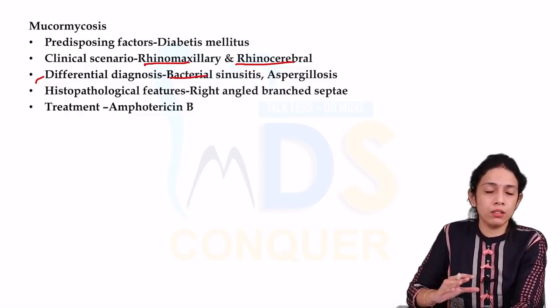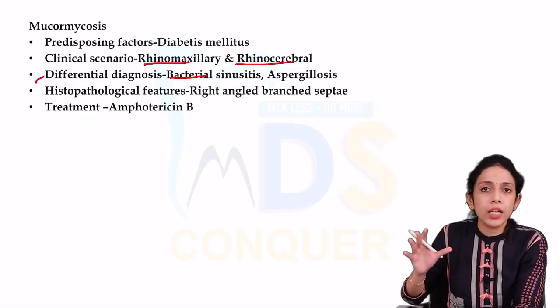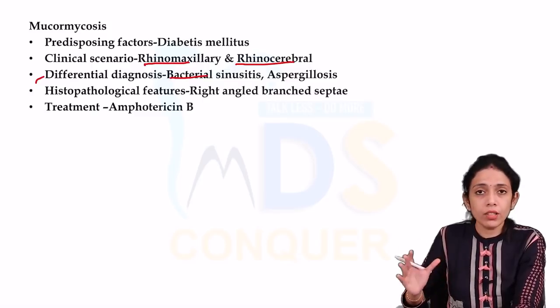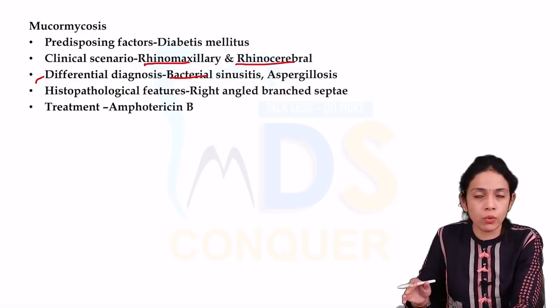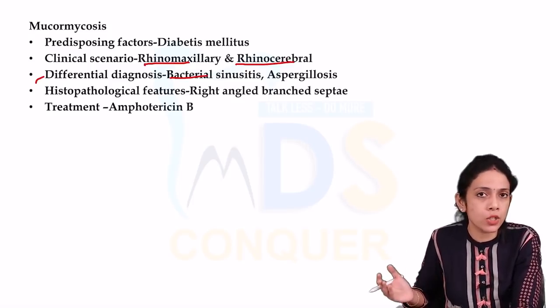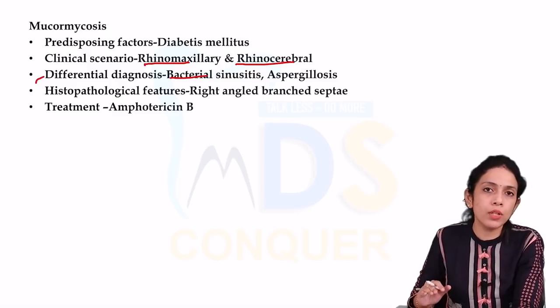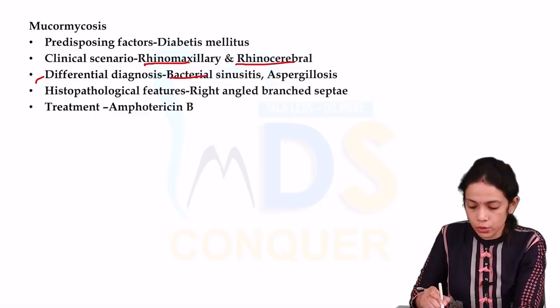All those similar complaints will be there, but not the necrosis and the loss of vision or loss of the sense of smell. Very rarely, unless the patient has severe nasal stuffiness, the patient will have a little impaired sense of smell, but such severe symptoms and necrosis will not be presented by bacterial sinusitis. So that is ruled out.